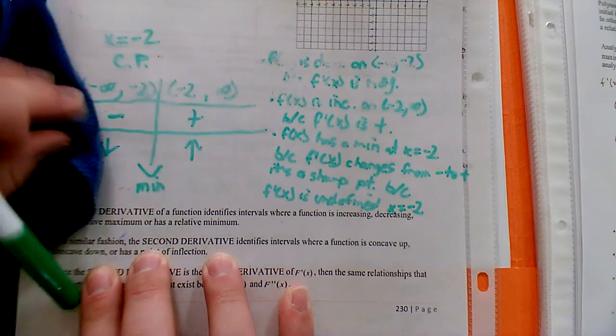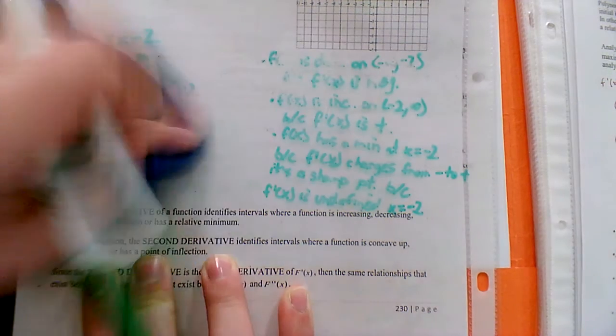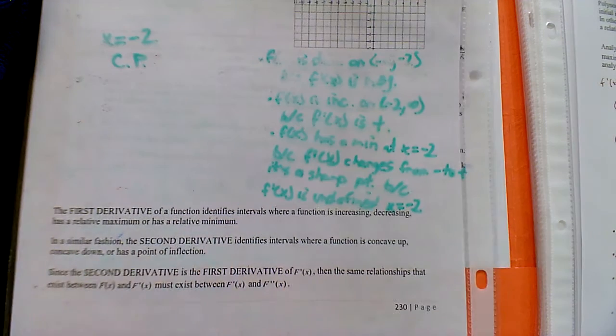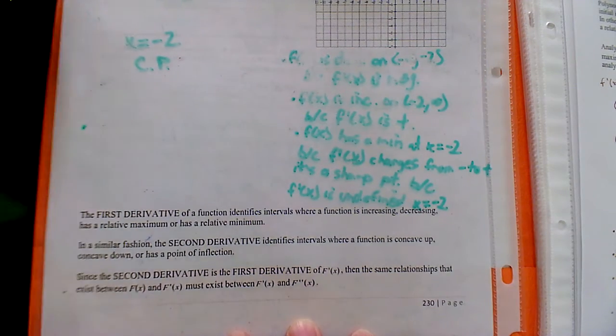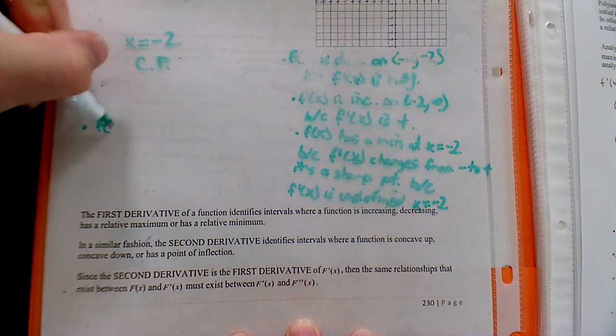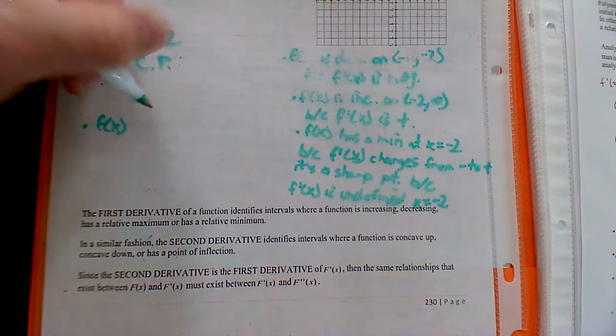And I'm going to erase the chart here so I have room to write the last thing. Okay, we just talked about the minimum. What do we know about the maximum? F of x has no maximum because f prime of x never changes from positive to negative. Exactly.